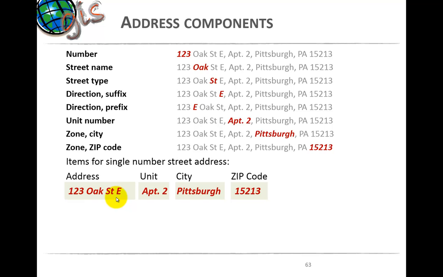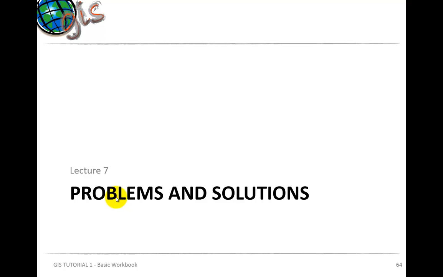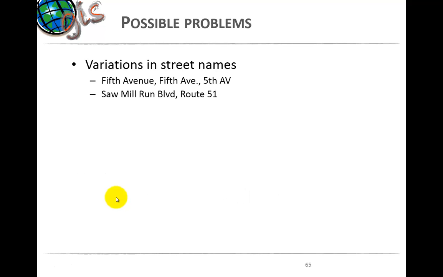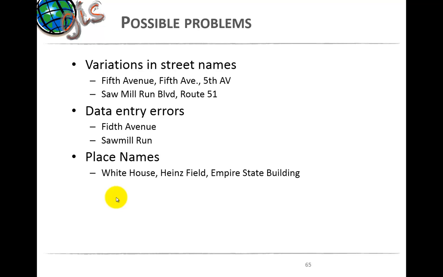You need to consider all this when you're batch geocoding all your addresses. We'll see what this means and how this is done in a minute. We'll go back to the walkthrough, switch to ArcView and actually run this geocoding process.